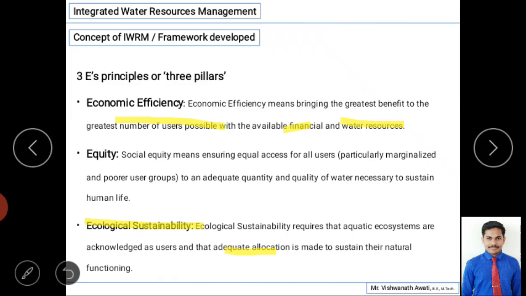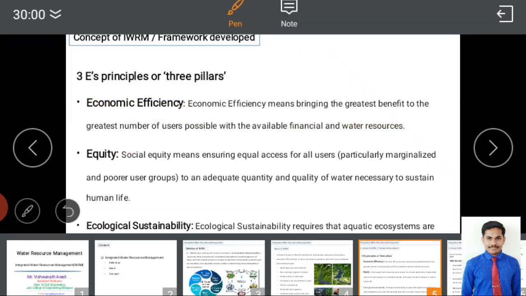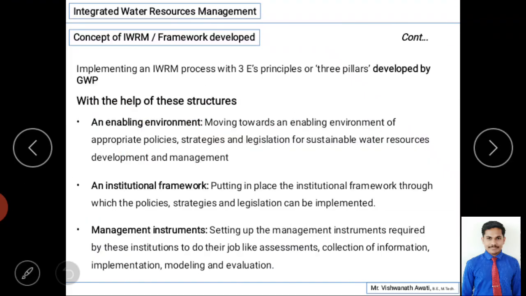Here the ecosystem is considered, water is accessible to all people, and economy, investment and greatest benefit are also considered. To achieve this we require some structure. These structures are mainly, first, the enabling environment, which means we have to create awareness among the people, right?